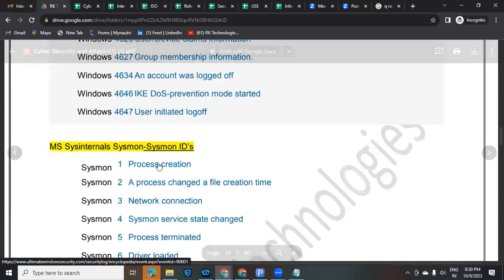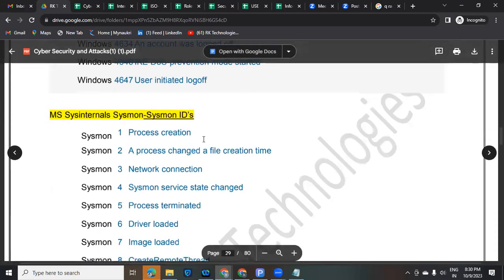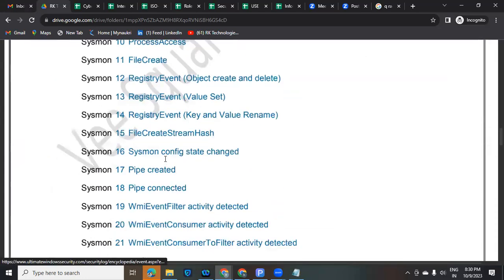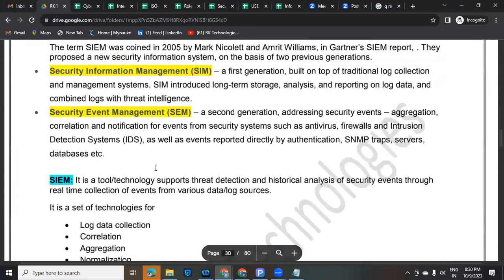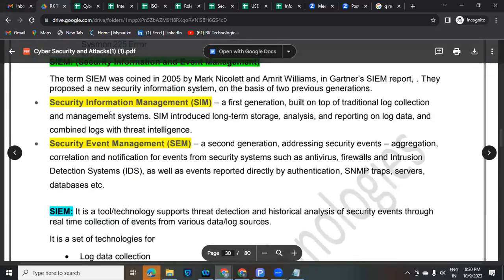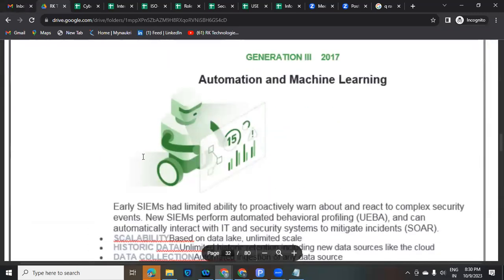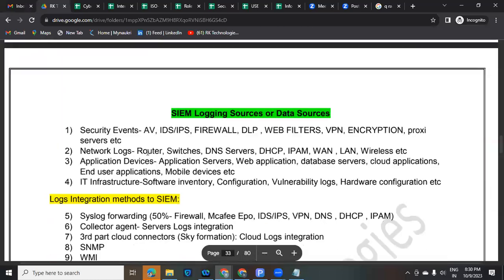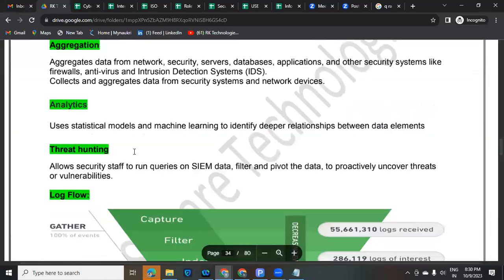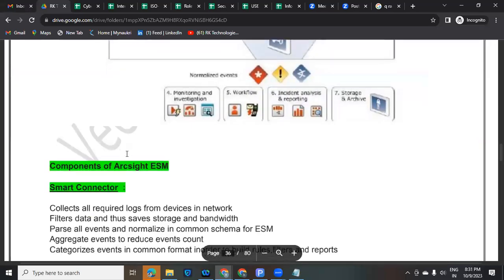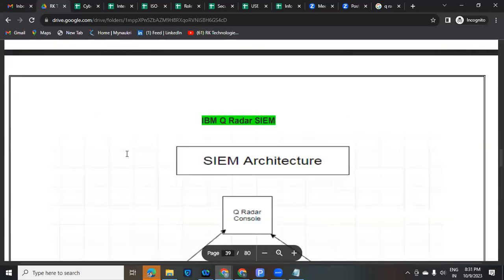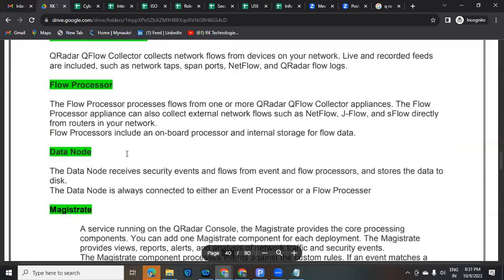So next one, forget about these event ID numbers. The next one is our SIEM tool. You can go through all these. This is for the Exabeam side, with architecture diagrams and all the vendor sides: IBM QRadar, next Exabeam, Splunk.